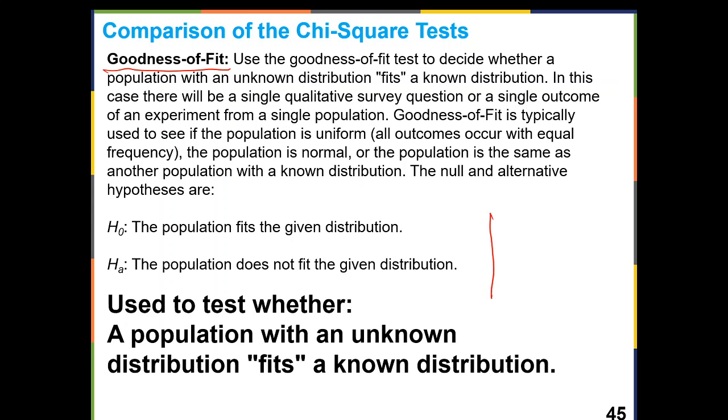When somebody says expected values, that means what? Let's say the expected values are these numbers. What they mean by that is that whatever we are taking samples from matches this distribution. And of course we take a sample and we get the observed values and we test that. So that's the goodness of fit test.